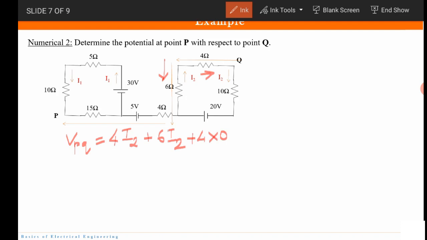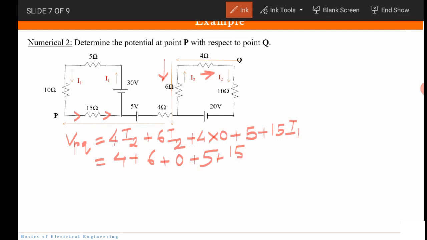Now we are going through 5 volts and we are going from minus to positive, so it has to be plus 5. The current I1 flows in this direction and we are moving in the opposite direction, so we take plus 15 I1. We place the values of I1 and I2, which are 1 ampere, so we get 4 plus 6 plus 0 plus 5 plus 15.